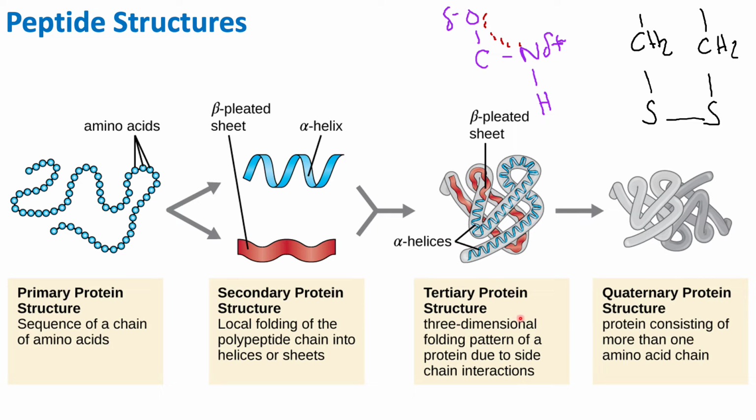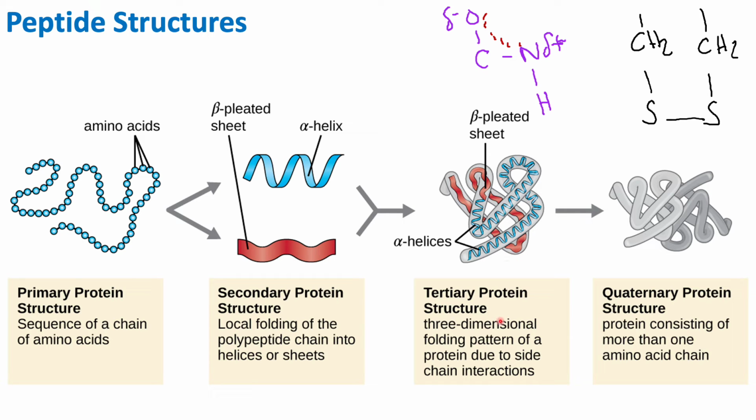So once again, tertiary and quaternary both can have beta pleated sheets, alpha helices, and these disulfide bonds. Both of these tertiary and quaternary structures are driven by the hydrophobic effect. So essentially, the hydrophobic non-polar molecules will cluster in the center, whereas the hydrophilic polar molecules will cluster on the outside and interact with the water because that is more favorable.